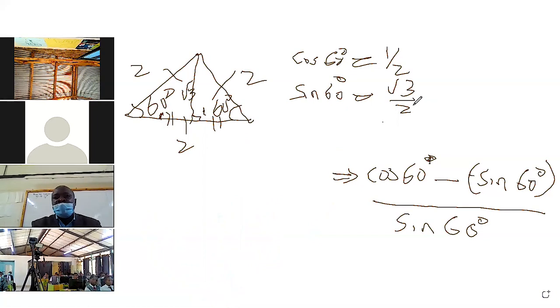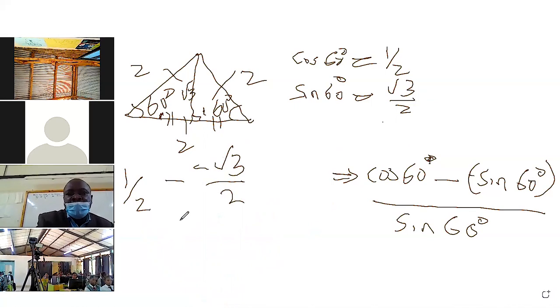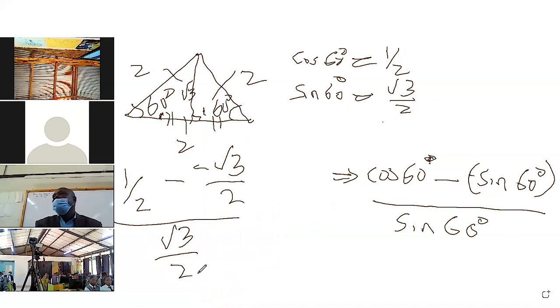So cosine of 60 is a half, minus negative root 3 over 2, divided by root 3 over 2.